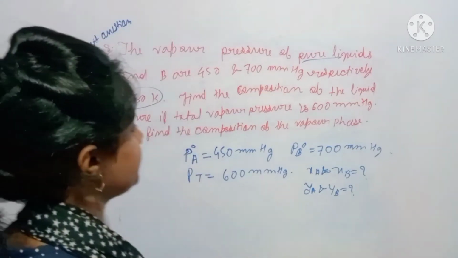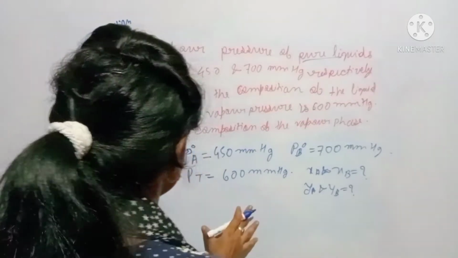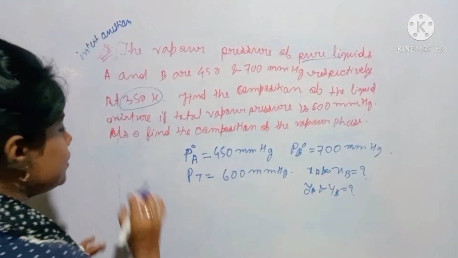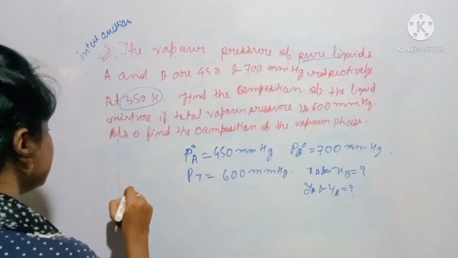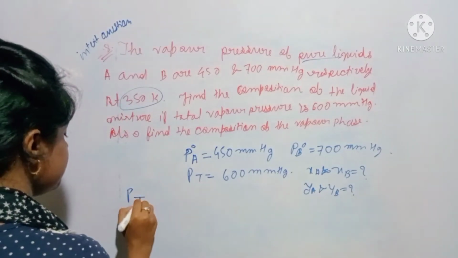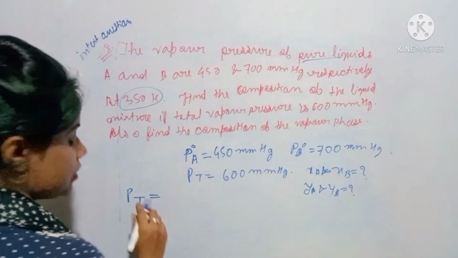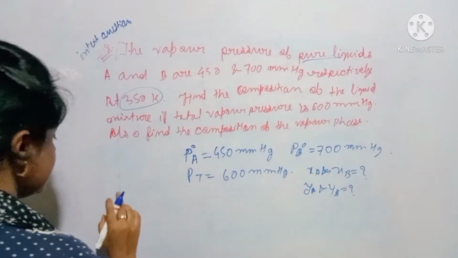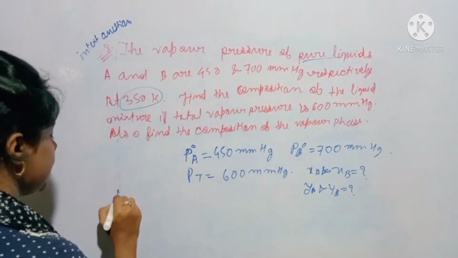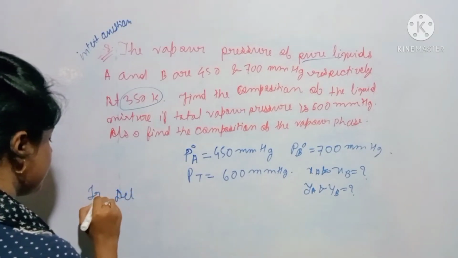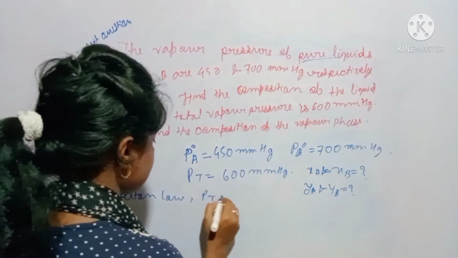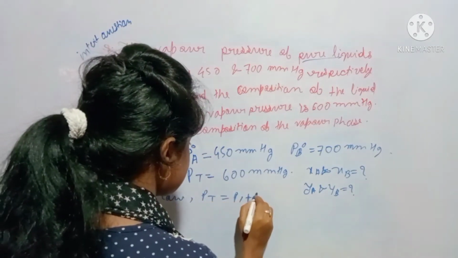So we have to calculate XA and XB. For that, we need a relation. From Dalton's law, PT equals P1 plus P2.